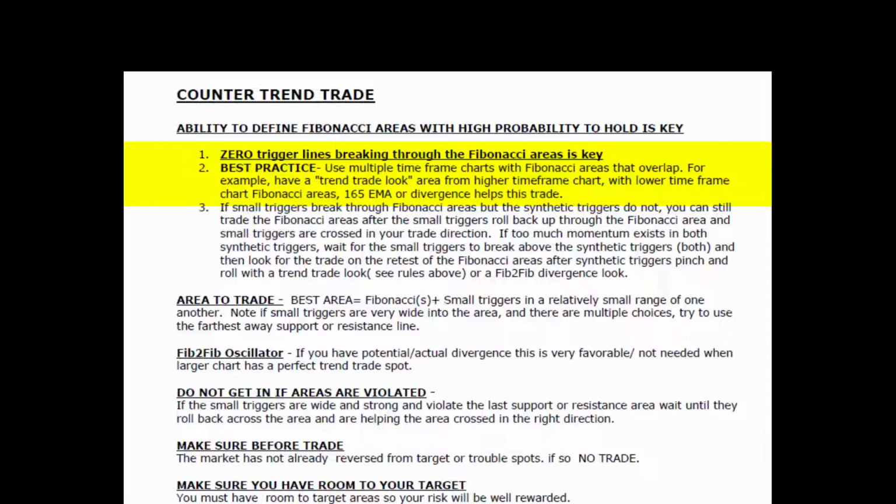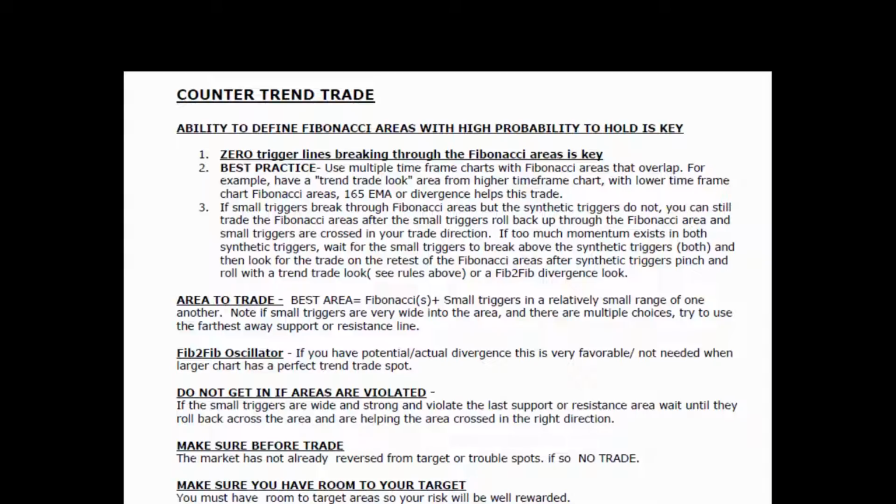Now again, when we're looking for counter trend trades, at the Fibonacci area is always best. So we have to do a really good job of defining exactly where we're going to take these counter trend trades. Also, if you've got the trend trade Fib oscillator on your large chart, if you have divergence on the small chart, that's favorable. And like every trade, if our areas get violated, we want to wait until the trigger lines roll back on the correct side of our Fibonacci area.